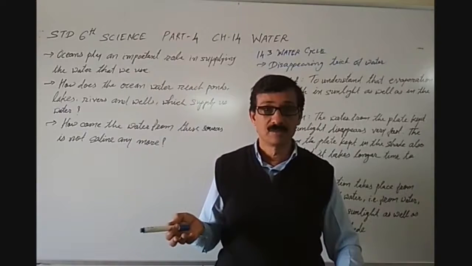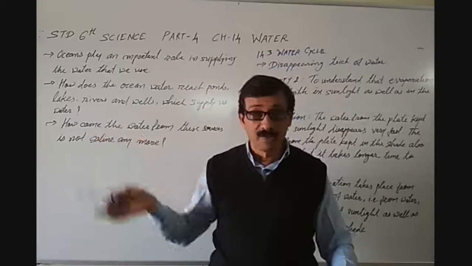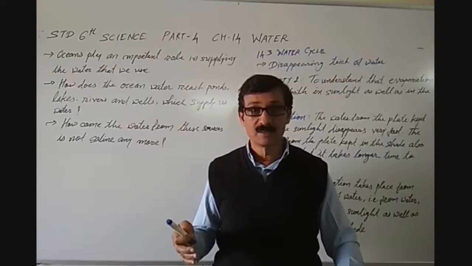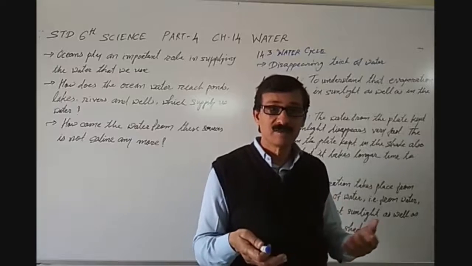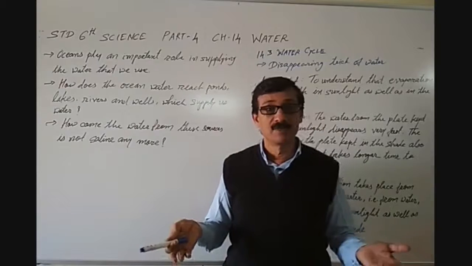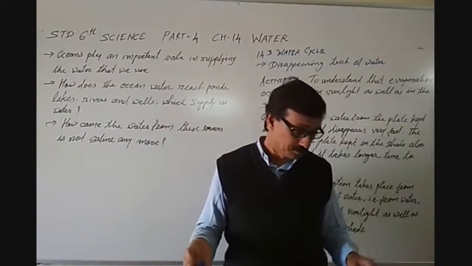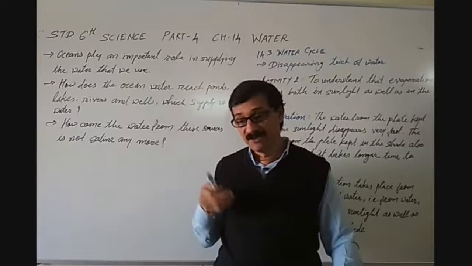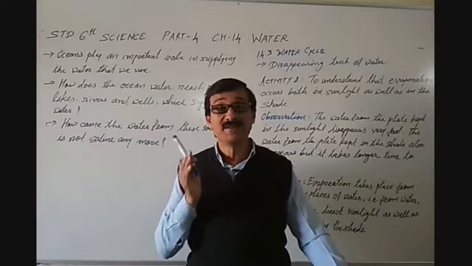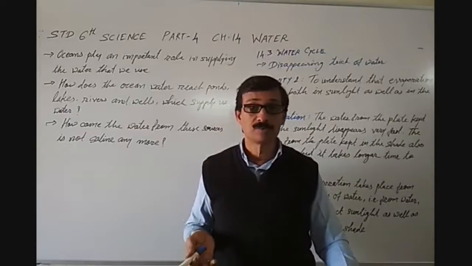Everything is wet outside. But on the next day, after 2 days, if it does not rain, then all the things dry up. Where does this water go? The question is, where does this water go?